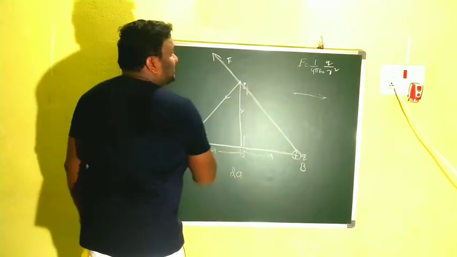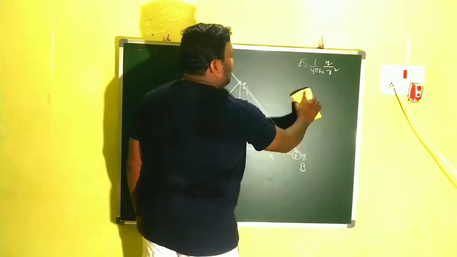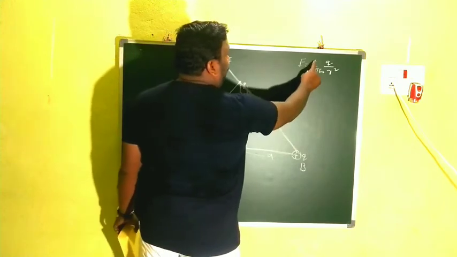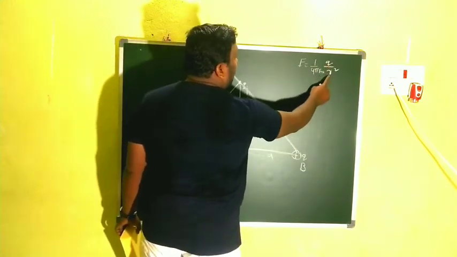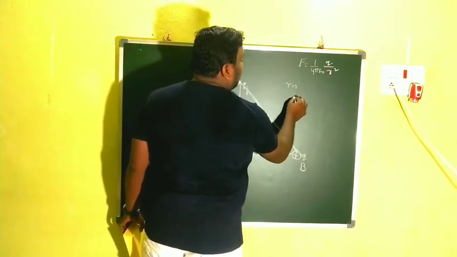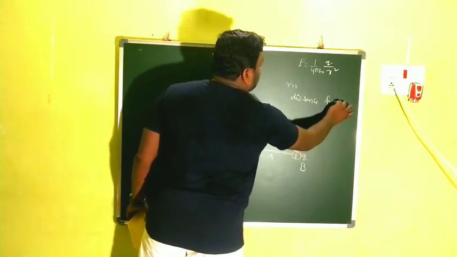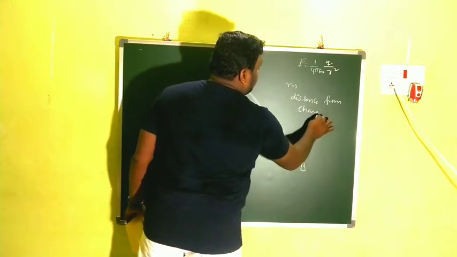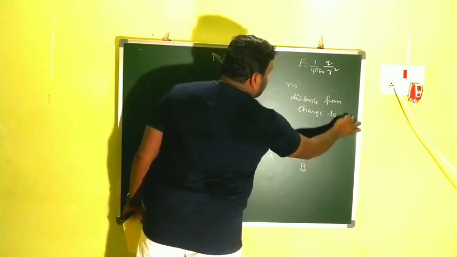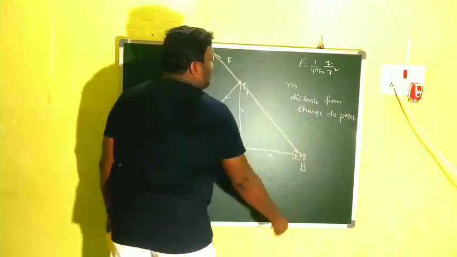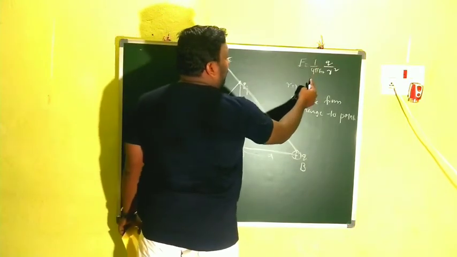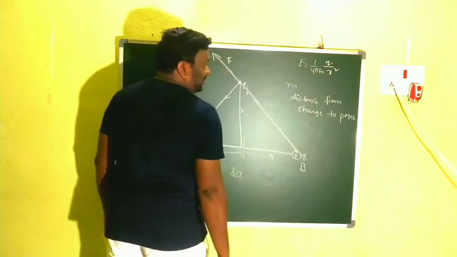Clear? Now here general, what is the general equation actually? E is equal to 1 by 4 pi epsilon naught q by r square.